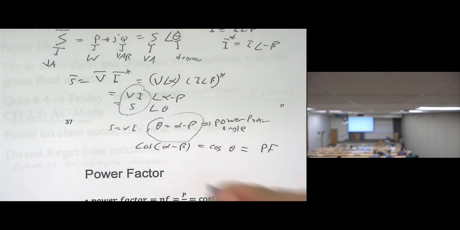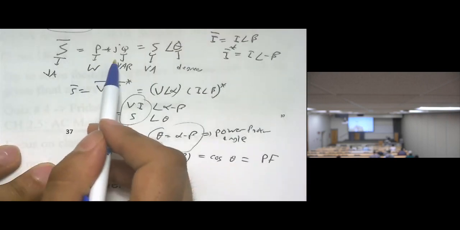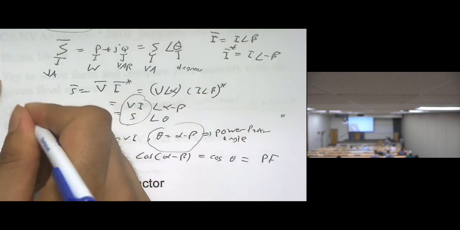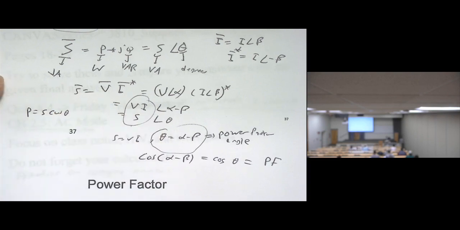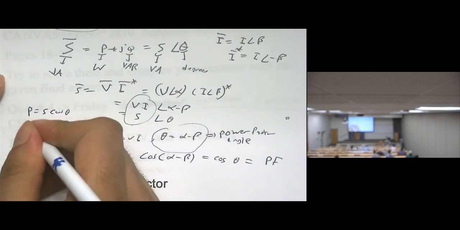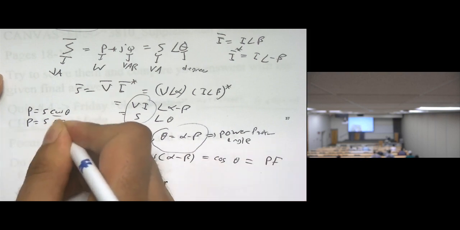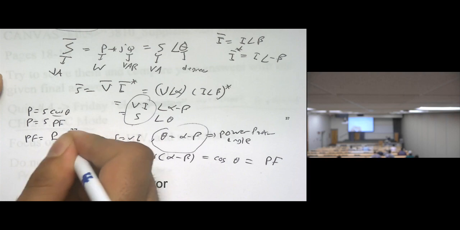Since we know S bar equals P plus jQ and S angle theta, we can say P equals S cosine theta. Since cosine theta is the power factor, P equals S times the power factor. Therefore, power factor will be P over S.